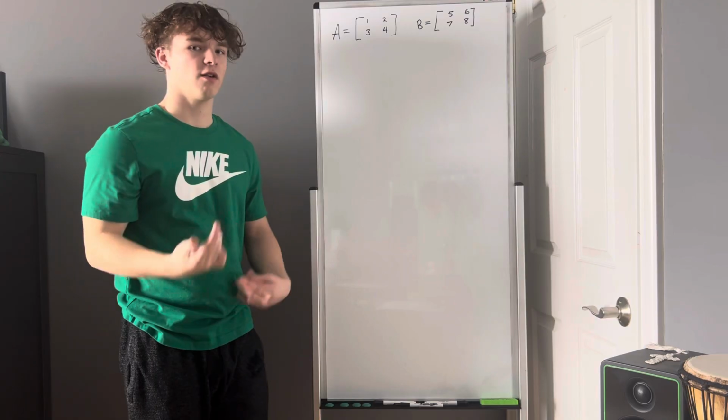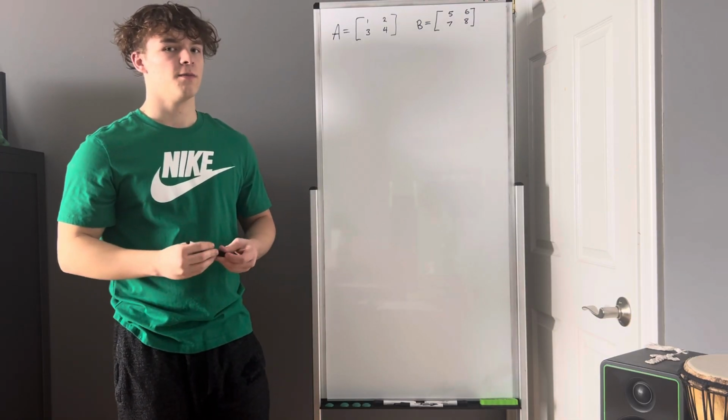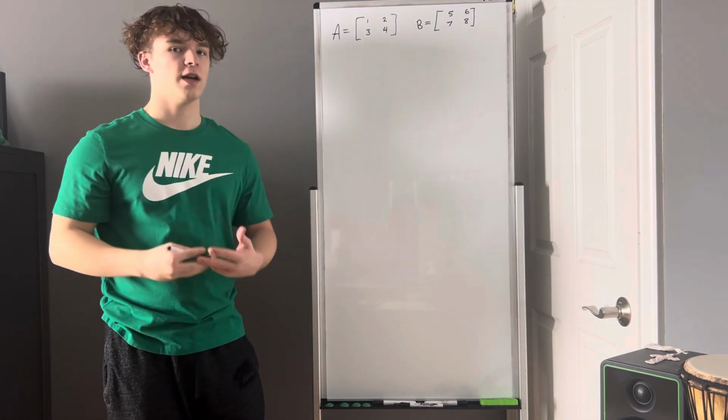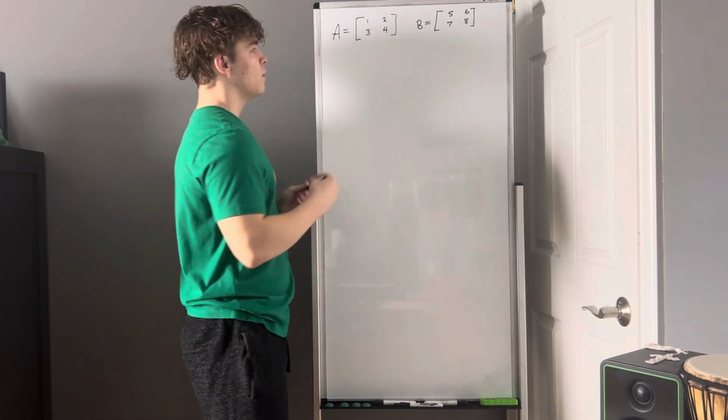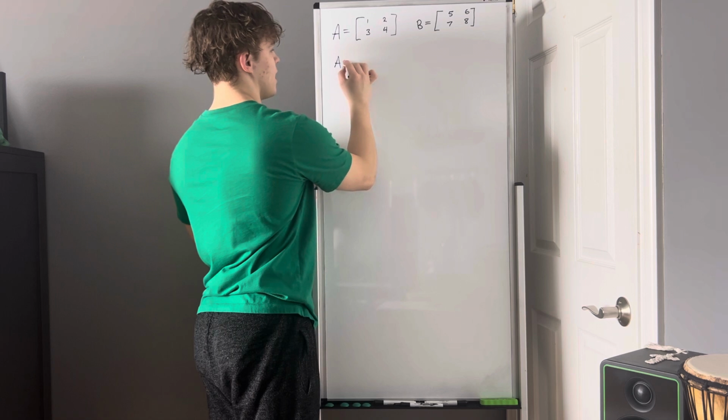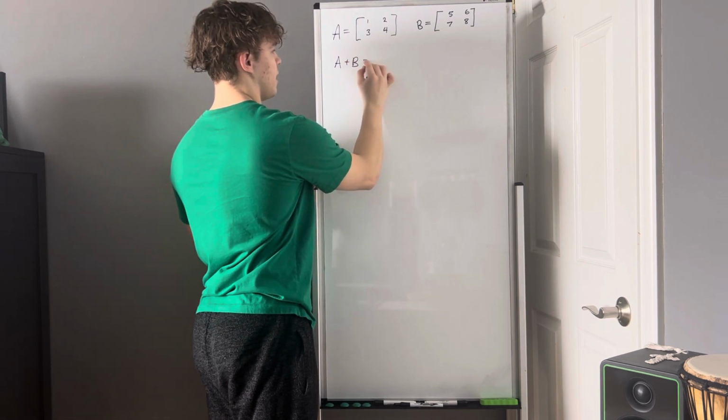So how would we figure out the total flowers and bushes sold in the entire East and West of this city? Well, we could say that that's matrix A plus matrix B.